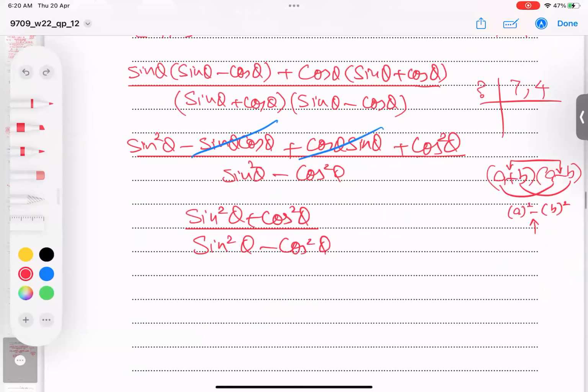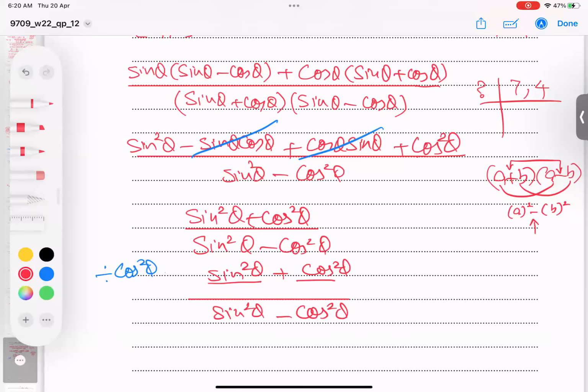If I divide the whole denominator and numerator by, oh sorry, not sine theta, cos square theta. Look, I'm showing you sine square already present, cos square already present, here sine square already present, cos square already present with a negative sign.